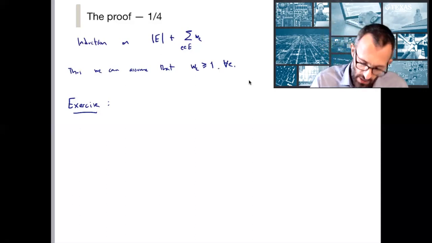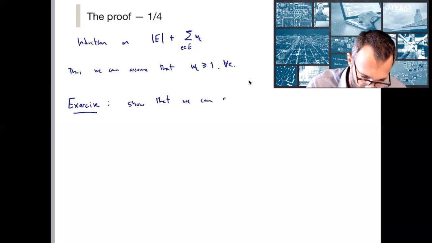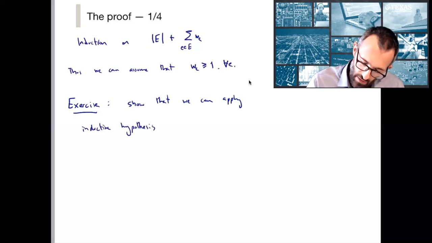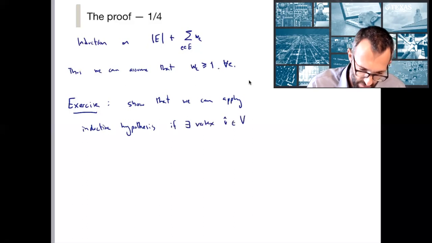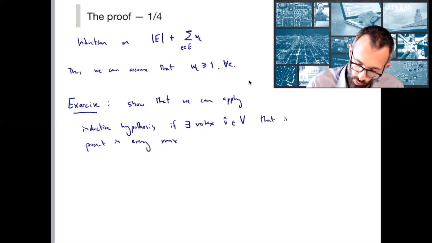So as an exercise, show that we can apply the inductive hypothesis if there exists a vertex v hat in V that is present in every max weight matching.